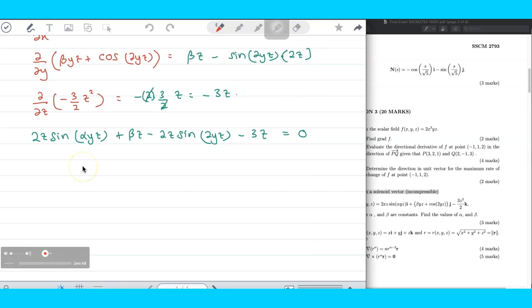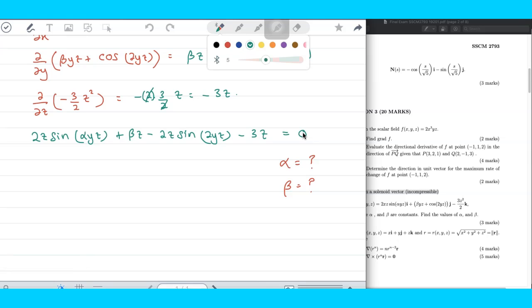Now, how can we obtain alpha and beta? We should understand that all the terms here, when you total them up, the answer is 0. You can see the pattern: beta z and minus 3z should total 0.